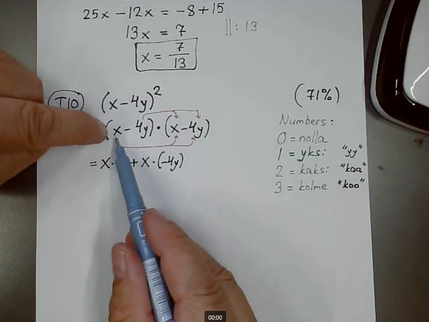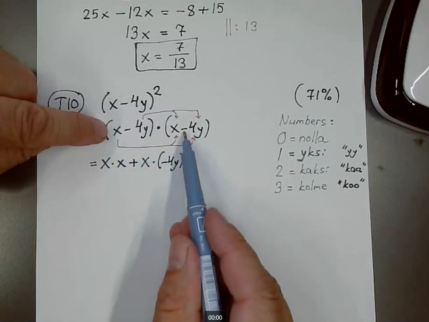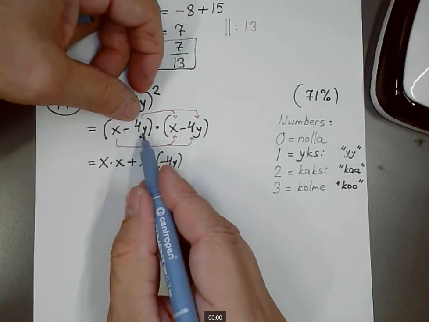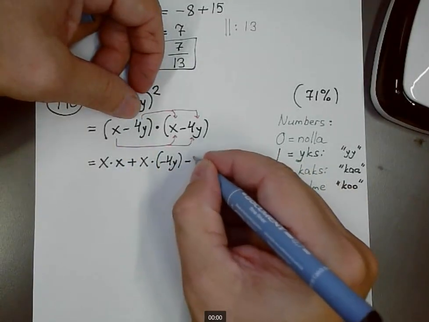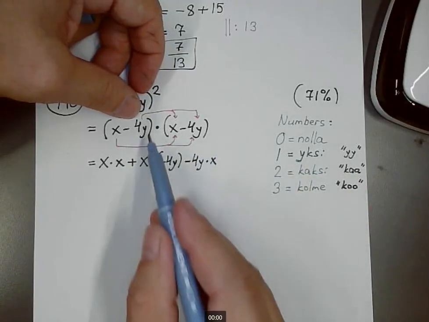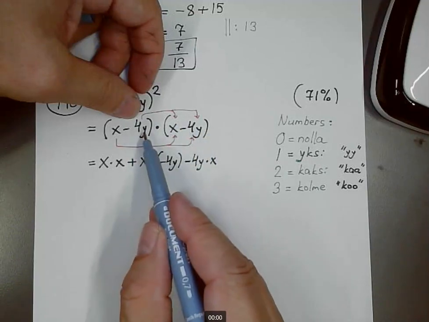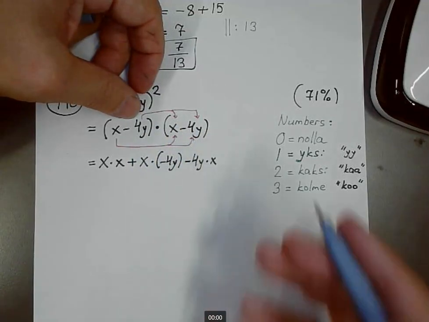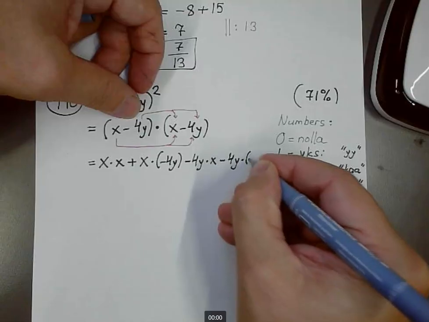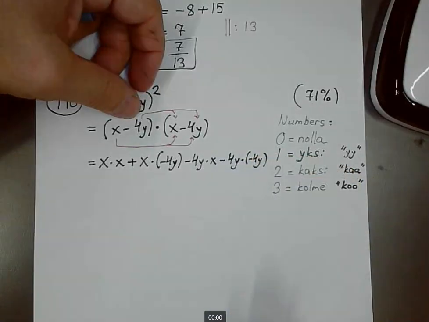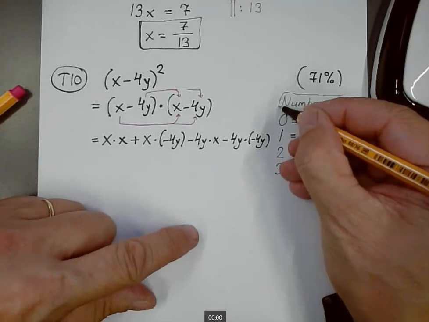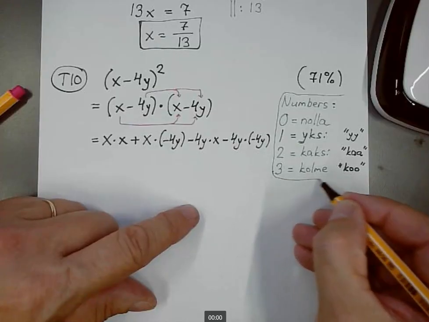Then we have used this first x here. It has been multiplied with both of these. And then we continue with minus 4y. So we have minus 4y times x, and then the last one, minus 4y times minus 4y.